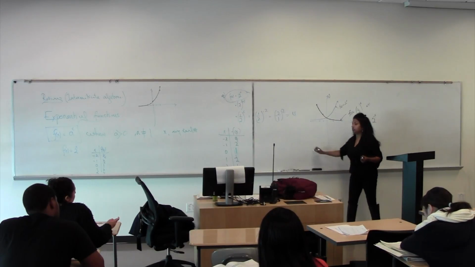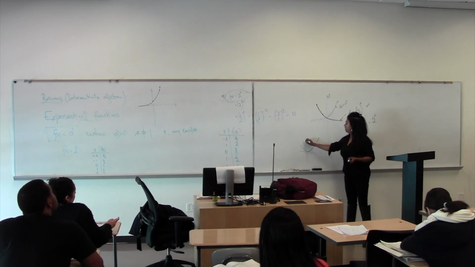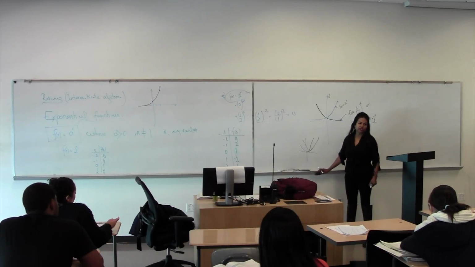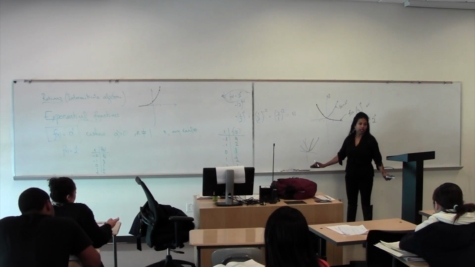Some of you were still doing graphs on the exam like this. I have no idea. It's very frustrating to see, I'm sorry. You're doing it like this, it's not acceptable. Might as well not do it. You don't get any partial credit.